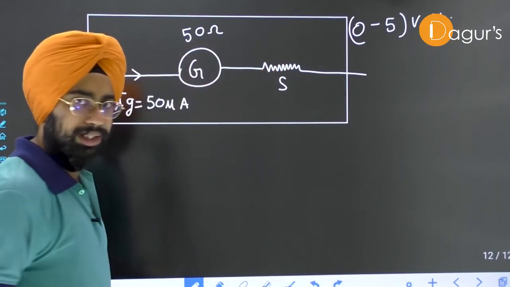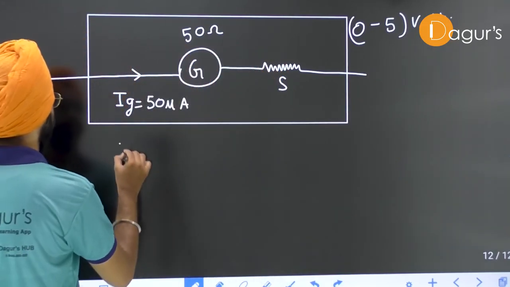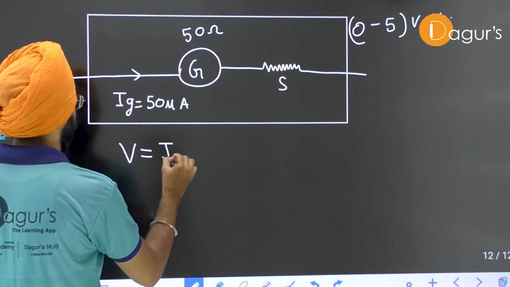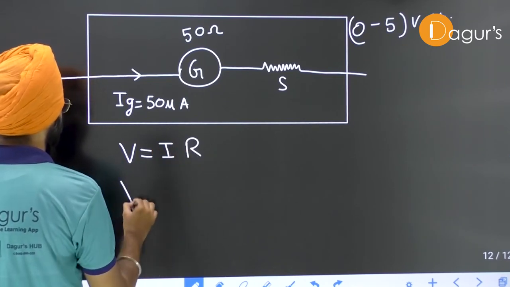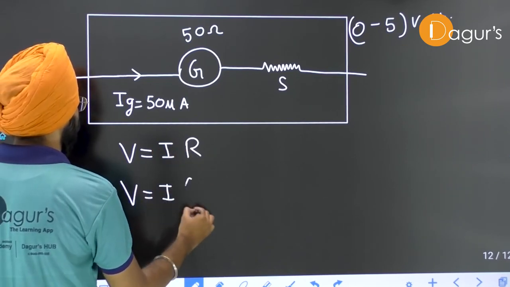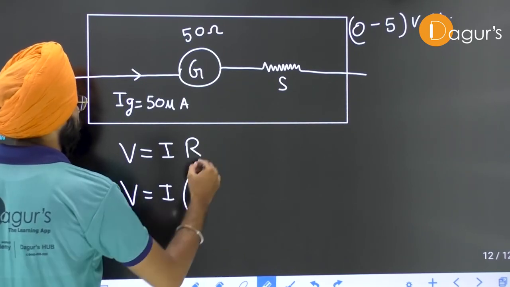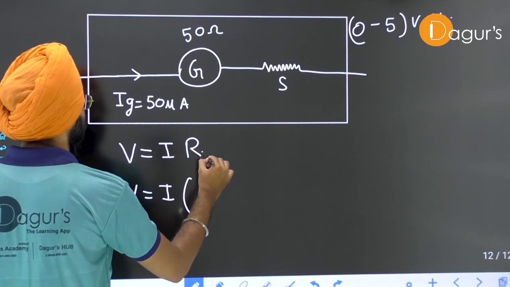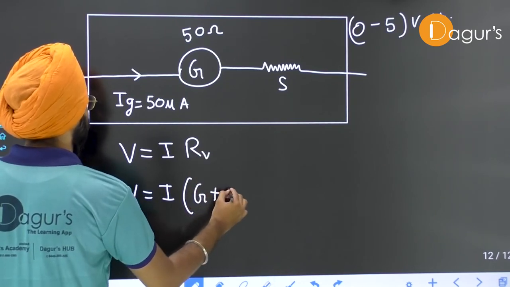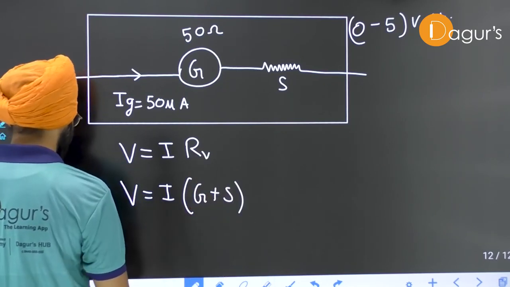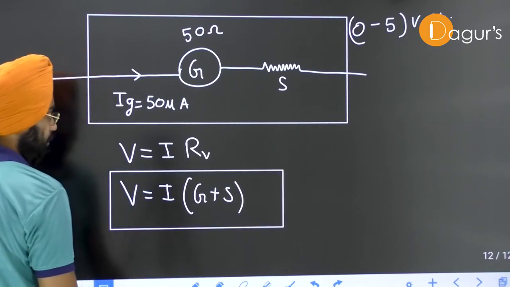Now, you know that V is equal to IR. So, V is equal to I times R. Now, as G and S are in series, the resistance will be G plus S. So, we will be using this formula to solve our question.